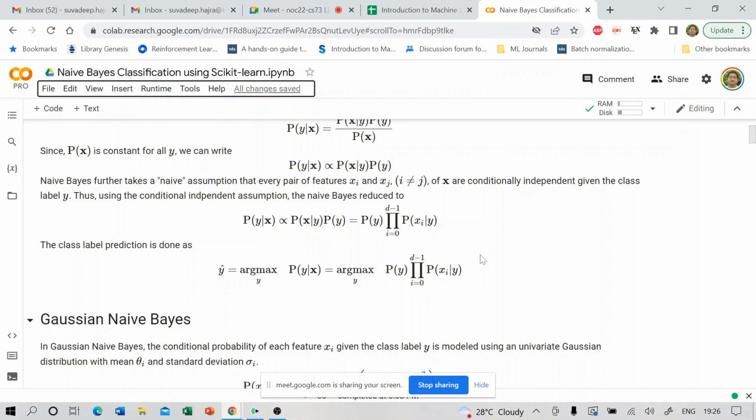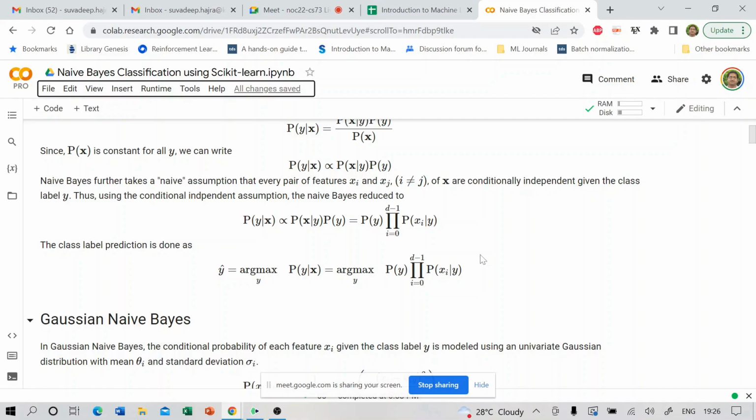Each one will represent, say, the first parameter will denote the probability of class 1, the second parameter the probability of class 2, similarly the C minus 1th parameter the probability of class C minus 1. Now what will be the probability of class C? That will be calculated as 1 minus the sum of the rest of the probabilities. That gives the probability of the last class, so you need C minus 1 parameters.